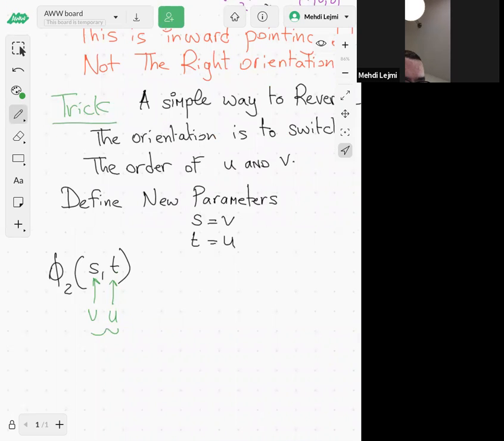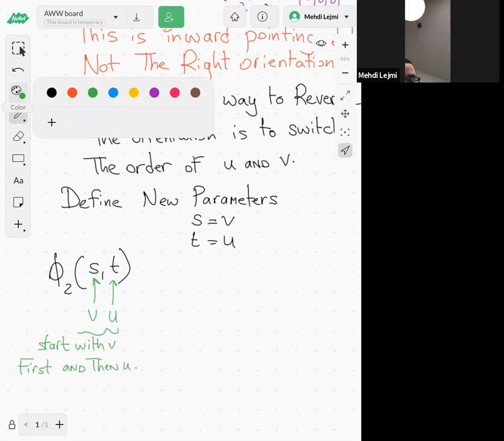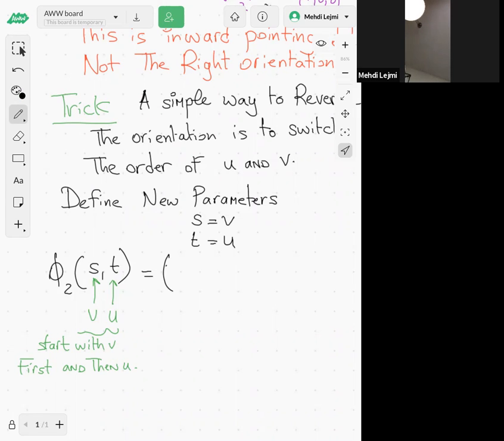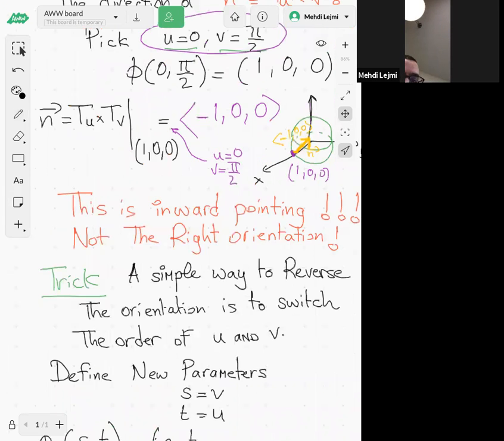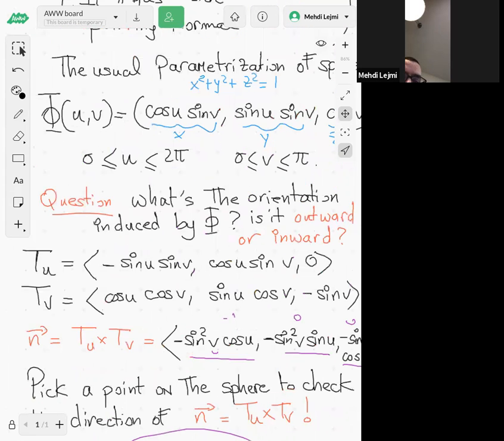So we start with v first, and then okay, so now what will be this parameterization? Well, as I said, since s is equal to v and t is equal to u, it's going to be just cosine of t. Again, I'm using this parameterization here. Here's my phi of uv, right?